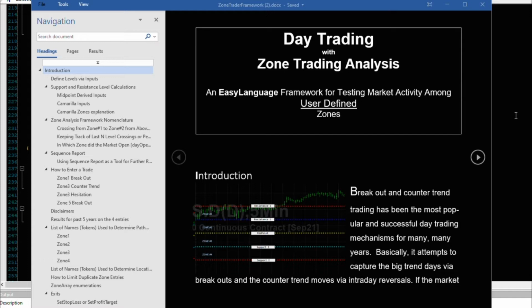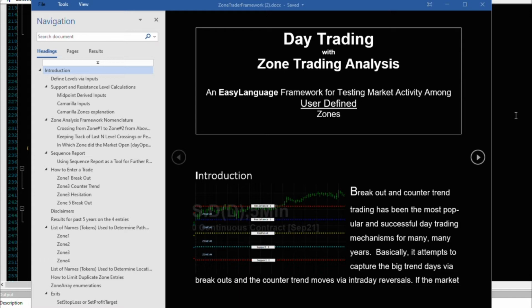And I'm going to test a simple trading idea, and I'm going to program it as a demonstration of how to use this framework and the nomenclature that's included with the framework. I've done a lot of the footwork for you so that you can go in there and basically use string variables.